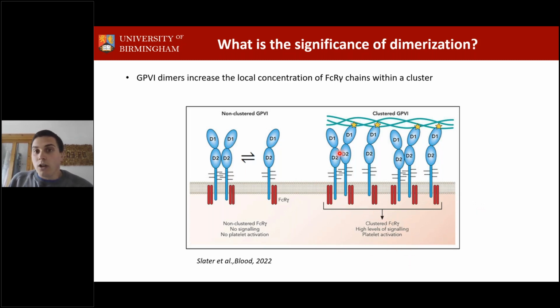And if you cluster dimers compared to clustering monomers, you just increase that critical mass of FcR gamma chains, which just means you get more signaling. So we believe that GP6 dimerization is important just for the cluster size as opposed to any conformational changes.